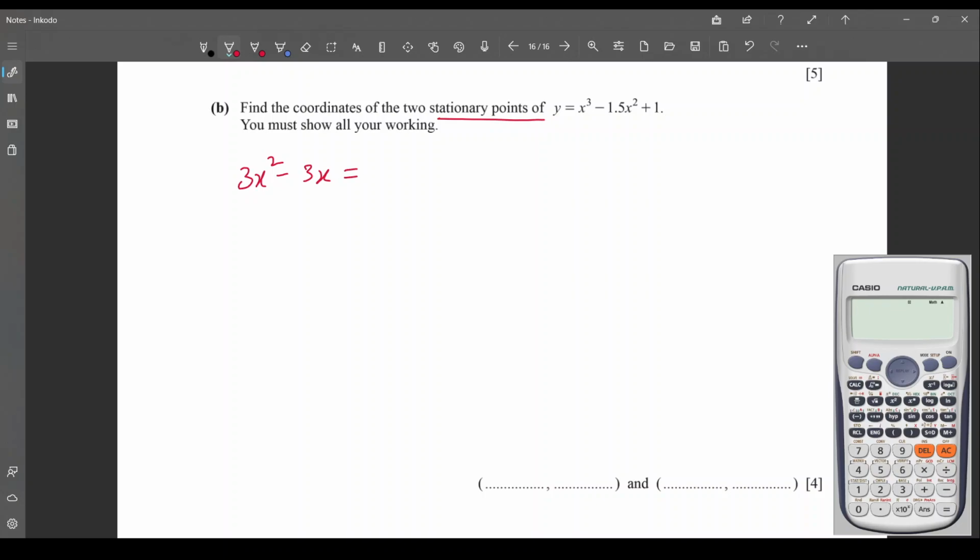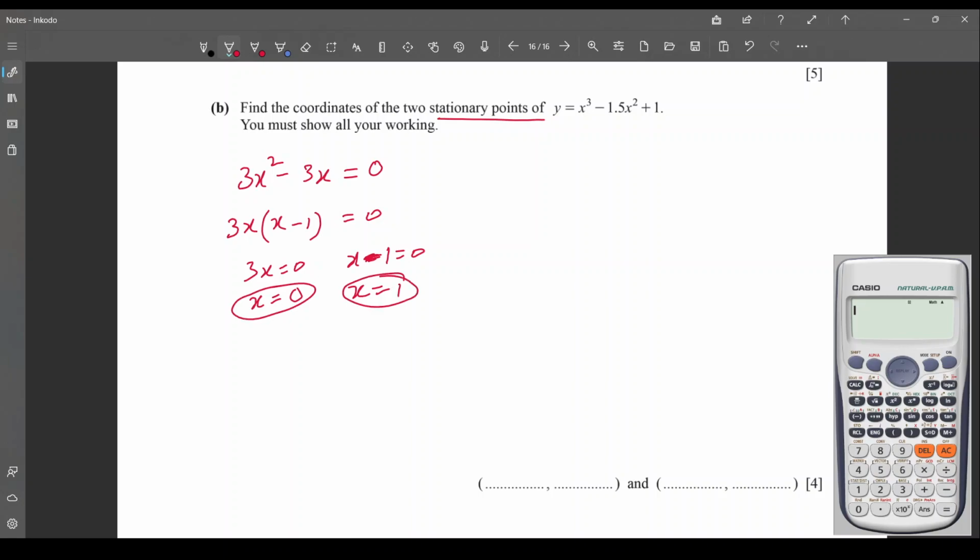To find the stationary points, we put that equal to 0. If I take out 3x as common, we have 3x times x minus 1 equals 0. In this case I'll get x equals 0, and x minus 1 equals 0, so x equals 1.